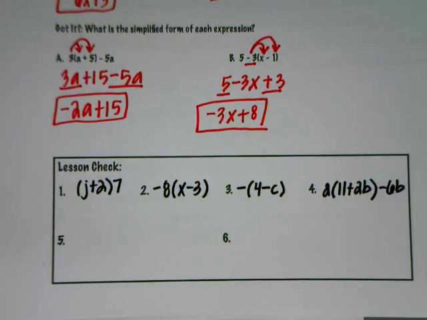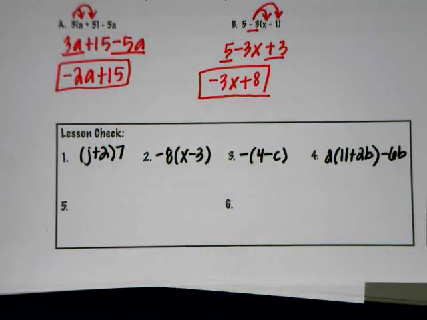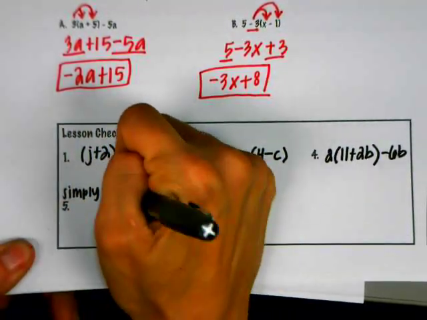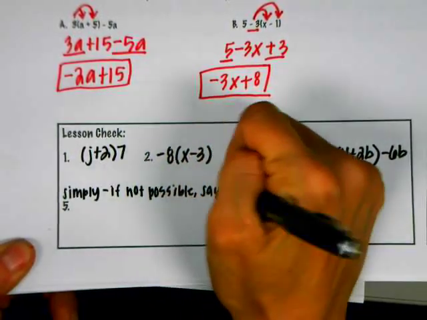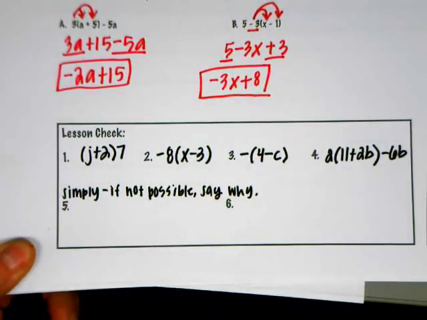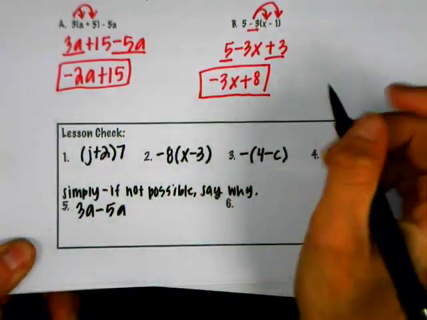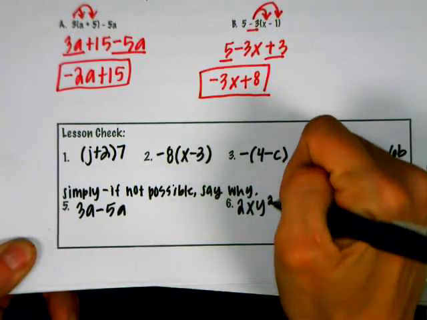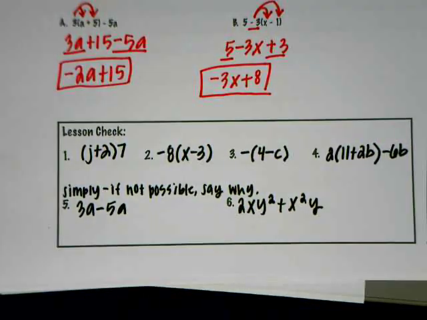And then for 5 and 6, you are going to simplify the expression, or if you can't, say why not. So simplify, if not possible, say why. Okay? So number 5 is 3a minus 5a. Number 6 is 2xy squared plus x squared. Okay, so pause the video and do those, and I'm putting the answers right up.